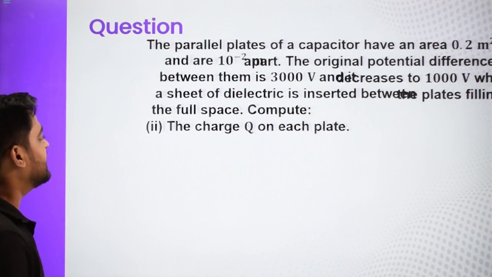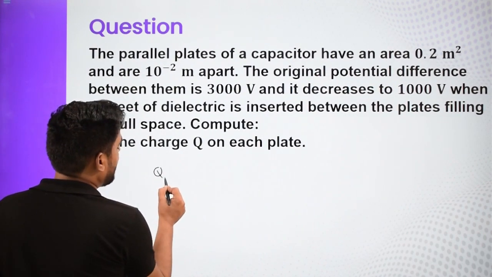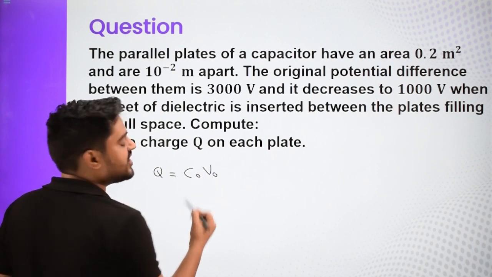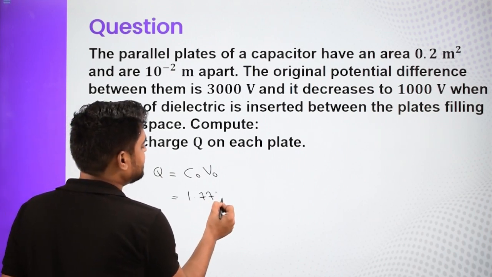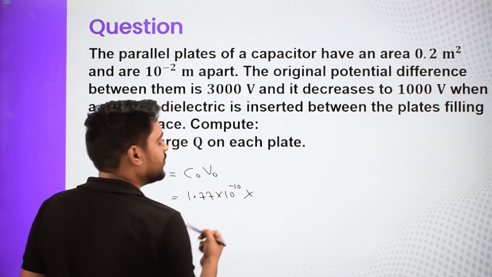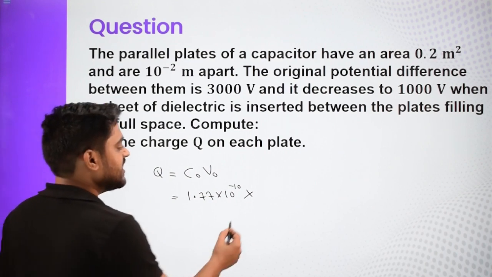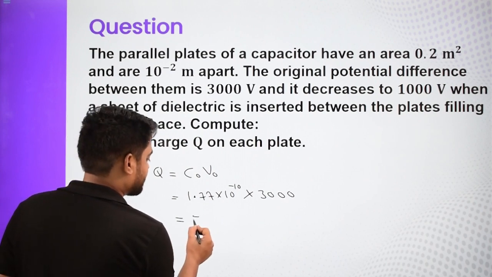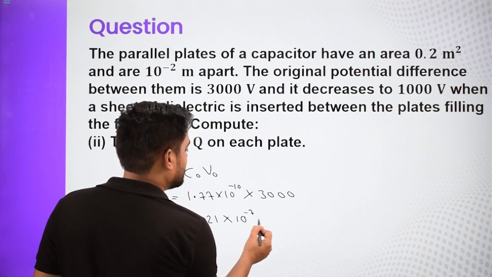Now second part is the charge Q on each plate. So charge Q is nothing but CV, and I am using the original voltage. So initially the original capacitance was 1.77 into 10 raised to power minus 10, into the original potential difference between the plates, which was 3000, and that makes it 5.21 into 10 raised to power minus 7 coulomb.